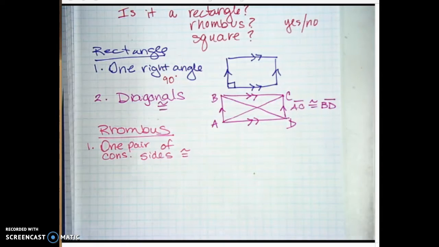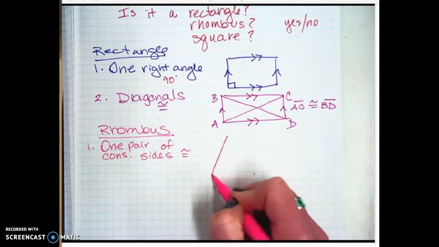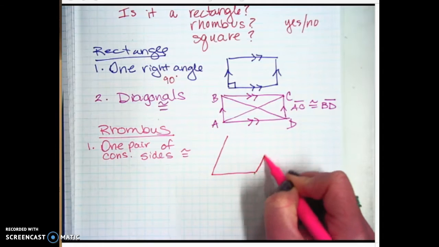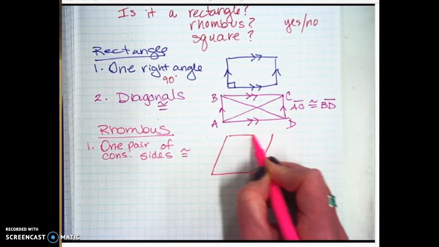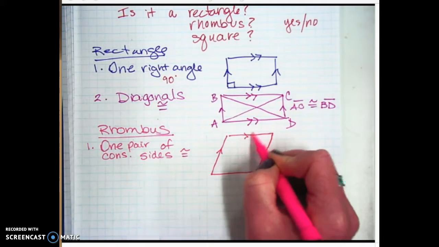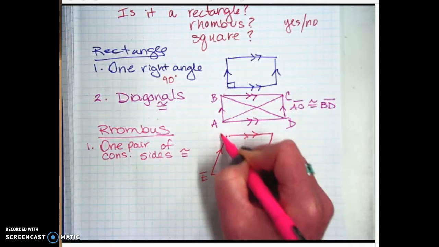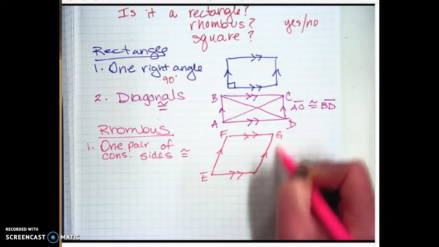One pair. If you have a pair of shoes, how many shoes do you actually have? Two. Okay, so we're going to draw a rhombus, which is the one I'm not the best at drawing. Opposite sides are parallel. We need the vertices labeled. We'll call this one E, F, G, H.